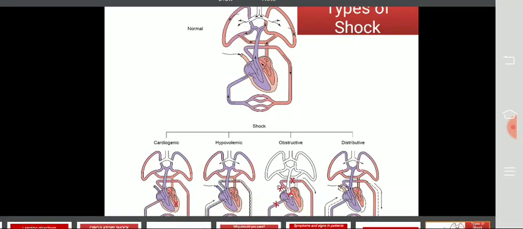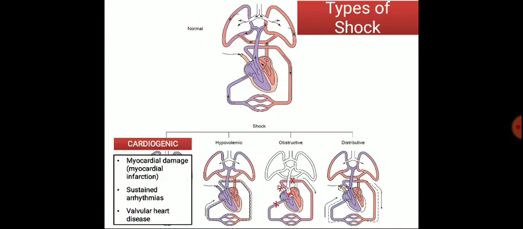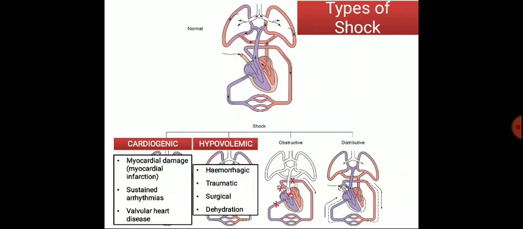When we talk about cardiogenic shock, it is because of myocardial damage, myocardial infarction, sustained arrhythmia, ventricular heart diseases. Hypovolemic shock is the most common type of shock, and it is divided into different types: hemorrhagic shock, traumatic shock, surgical shock, or dehydration shock.